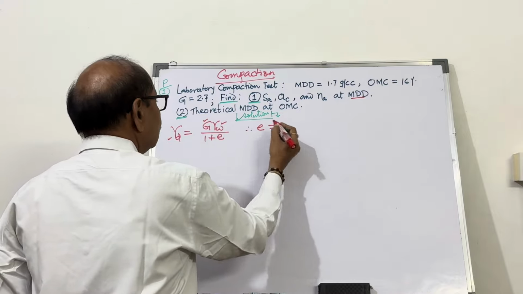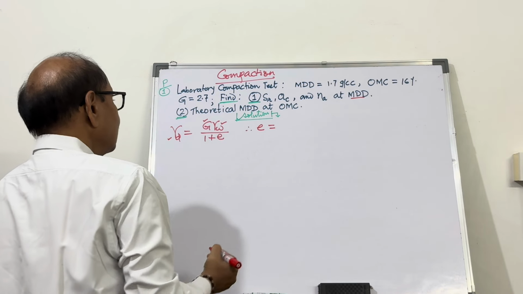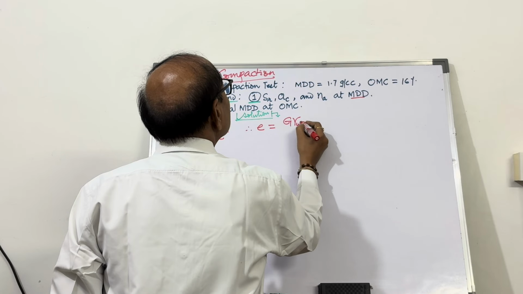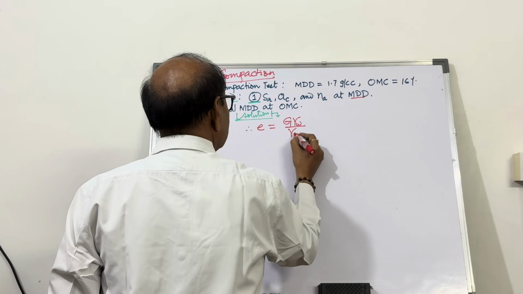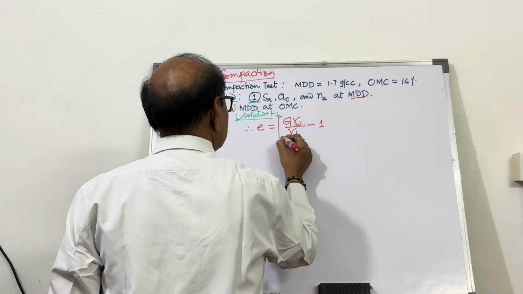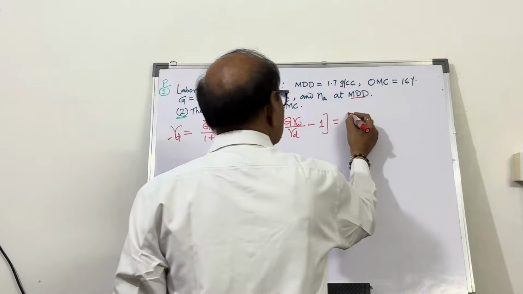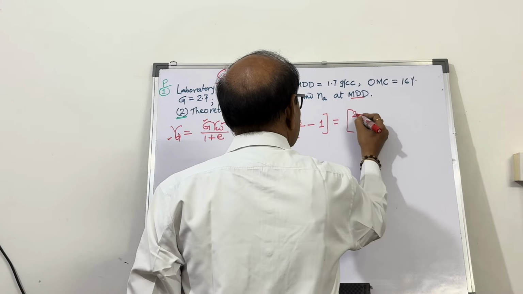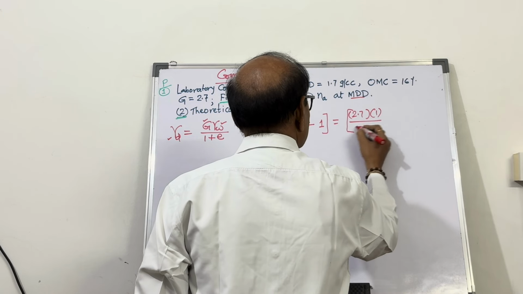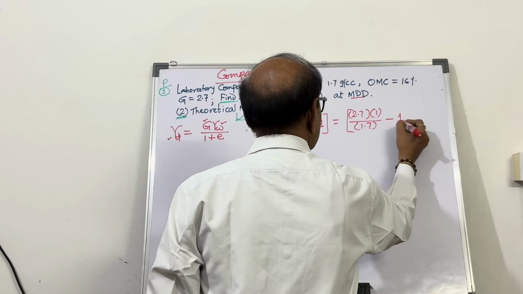the void ratio can be found out very easily. So this becomes G gamma w upon gamma d minus 1. And if we substitute the values, G is known to us, 2.7, gamma d is known to us, 1.7, minus 1.